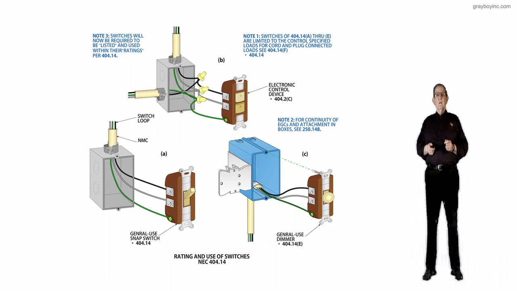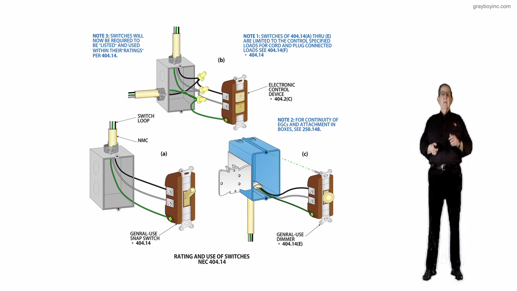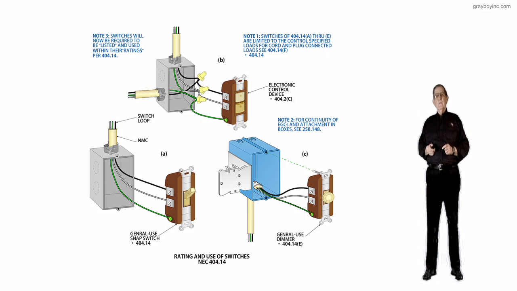So first of all, let's look at the general use snap switches in the left-hand corner of the illustration. Notice general use snap switches are included in 404.14. Next, right across from it, we have a dimmer switch, and that's 404.14(E).